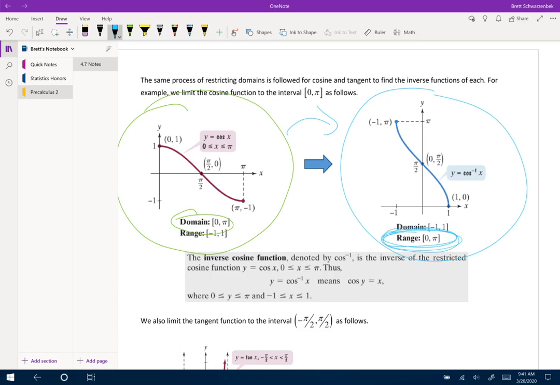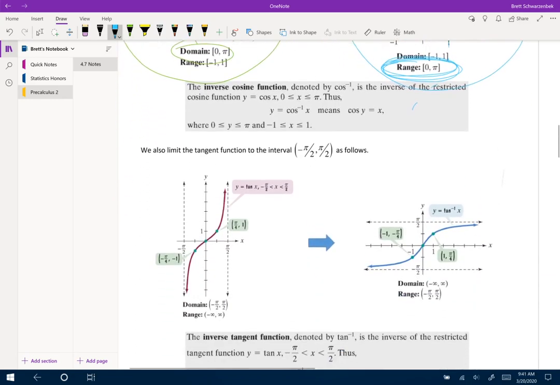Again, this is going to be the key concept that we're going to have to manage as we go through the problems, and I'll show you a summary of that later. But this right here is going to be our graph of cosine inverse. Again, it would go on forever this way and this way, but we're cutting it off just to there in order to create a function that is usable for us.